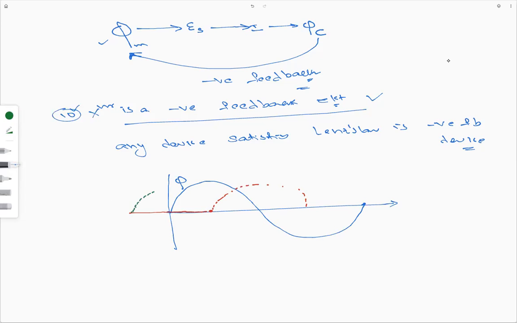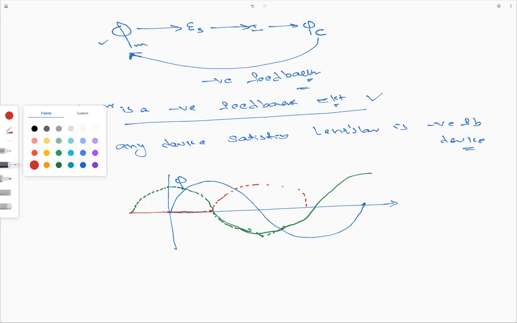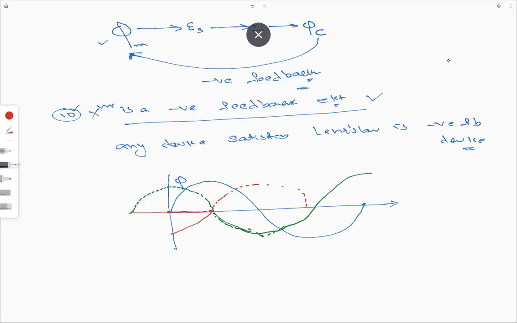I need the answer right now. So the statically induced EMF waveform, red color or green color line? I need the answer.